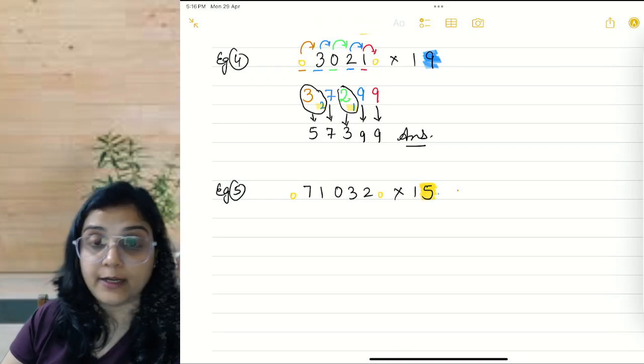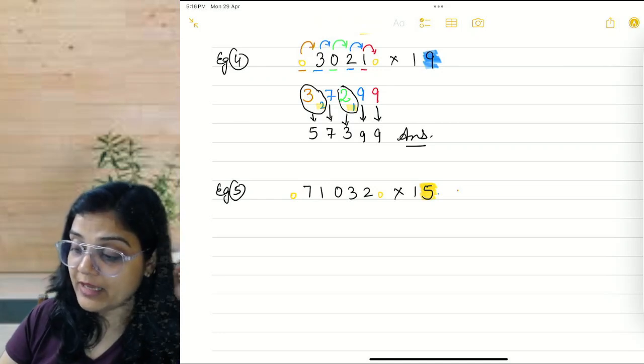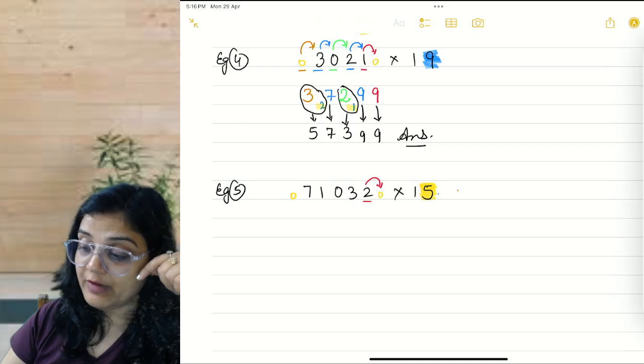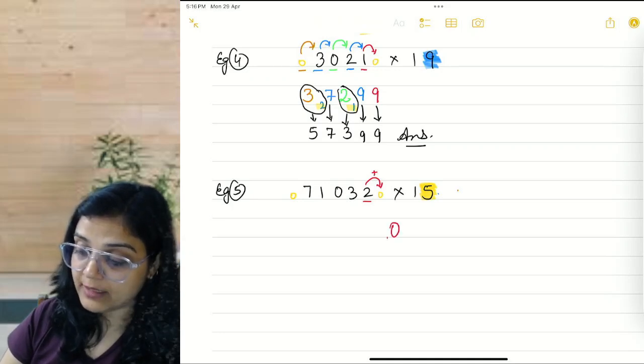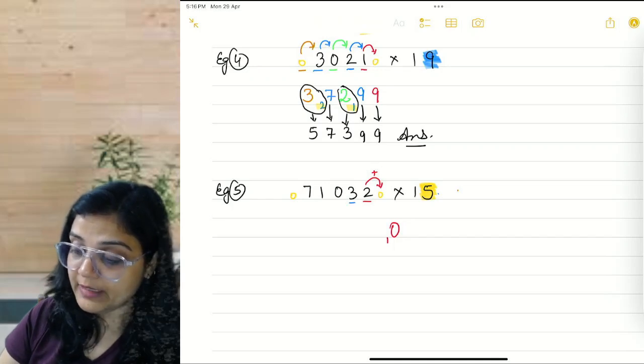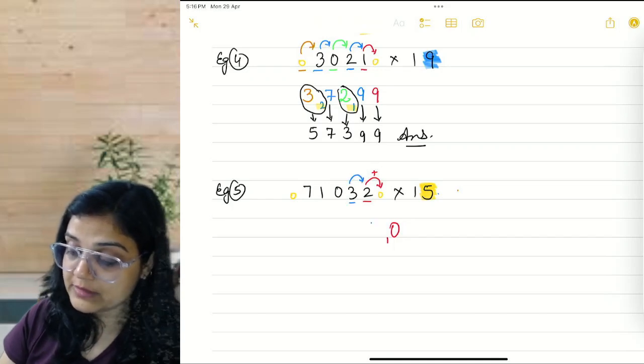So focus on that. So I'll multiply 5 with 2. 5 2s are 10, plus 0. First we'll multiply and then we'll add. 5 2s are 10, plus 0 is 10. So that is 10. Next is 5 3s are 15, plus 2, 17.